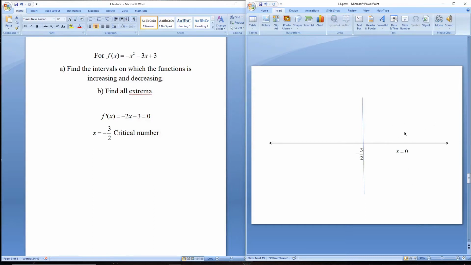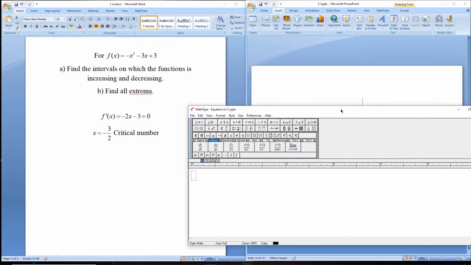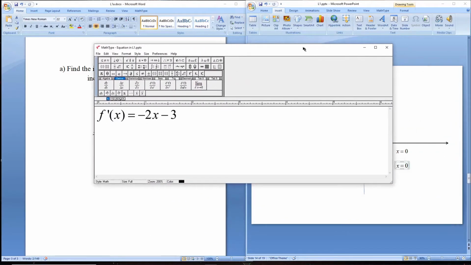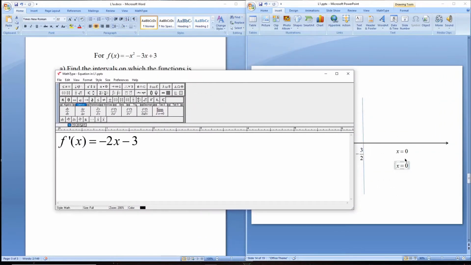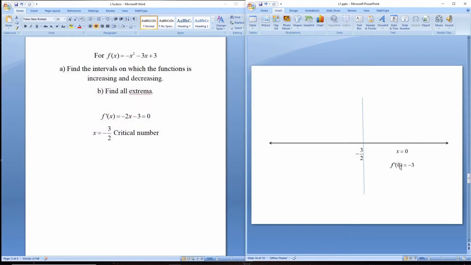So what is the function doing over here? Well, we know the derivative is minus 2x minus 3. And then let's just plug in 0 because it's in this region. If we plug in 0, we'll get minus 3. And what does that tell us?